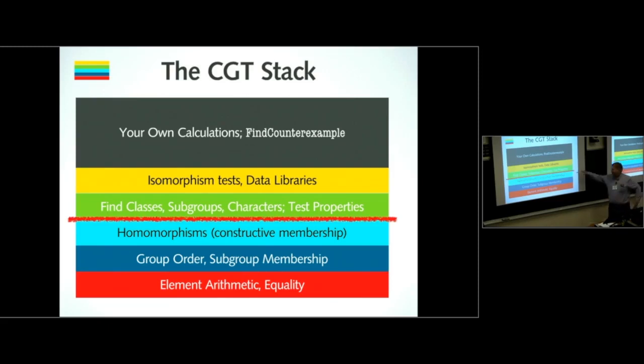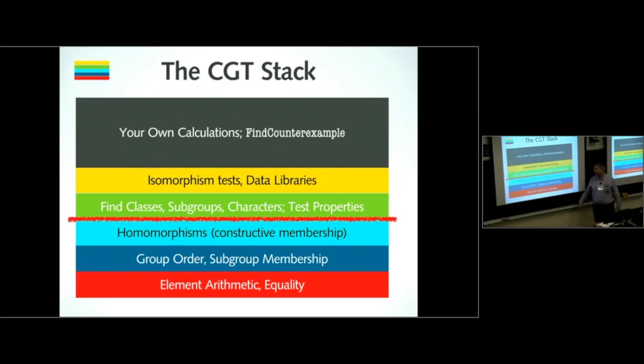And somehow there is a slight separating line here. This is where basic algorithms are, which really use the structure of the elements, the kind of elements one works with. And then higher level algorithms in some way try to use these routines as basic building blocks and then are independent of the representation. You might want to find out particular things about the group, conjugacy classes, subgroups, character table, find out particular properties.